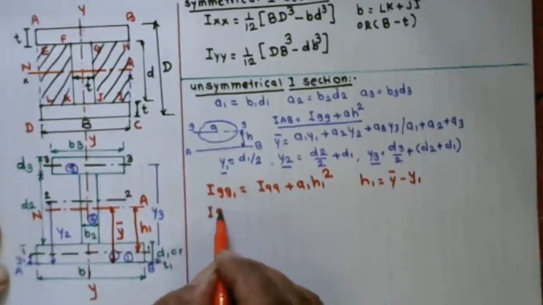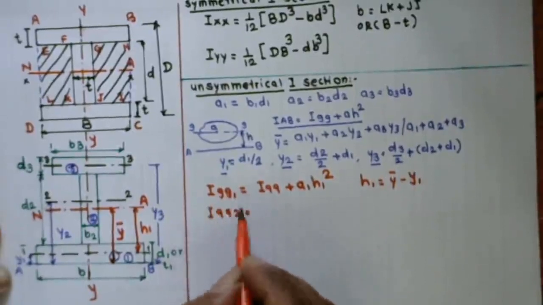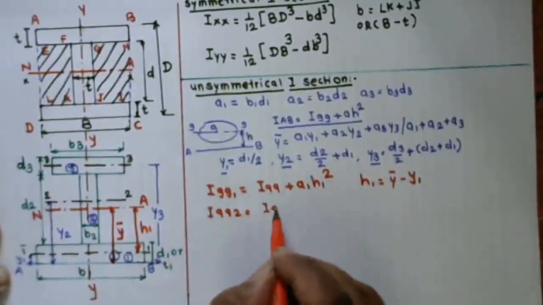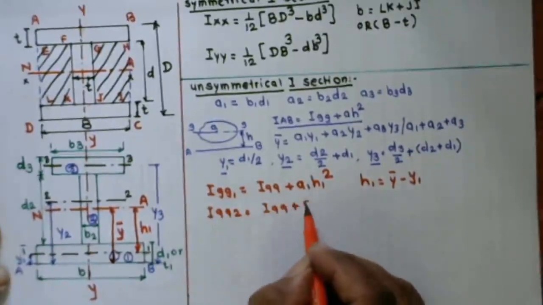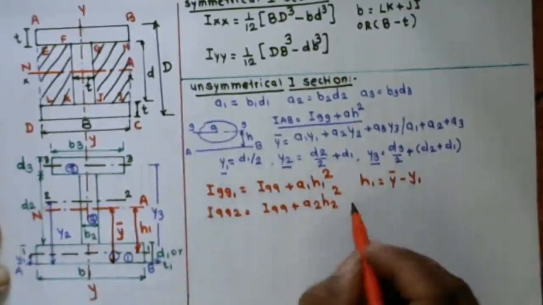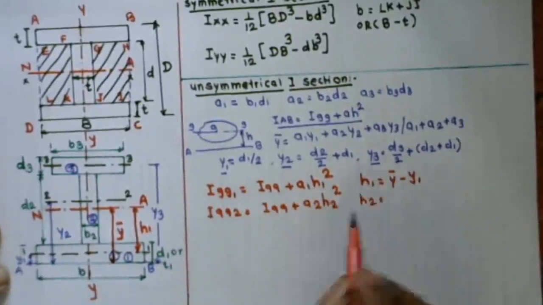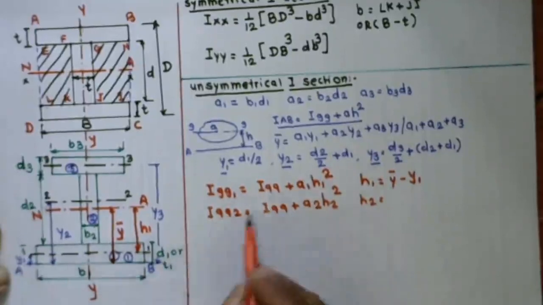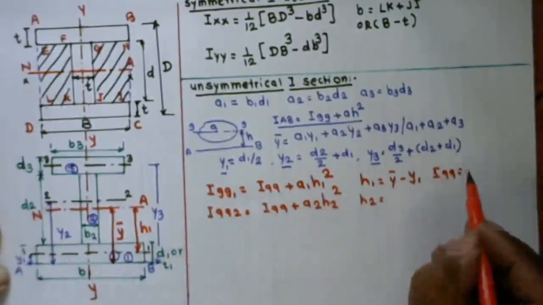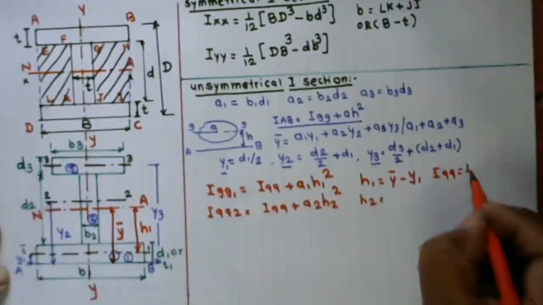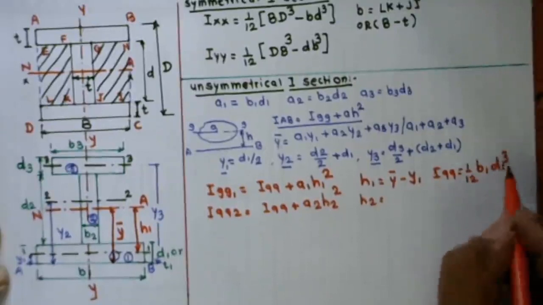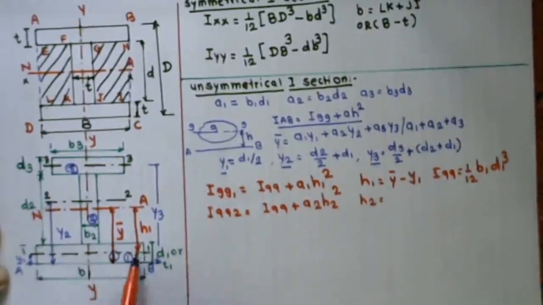Similarly, Ixx2 is Ig2 plus a2 h2 square. Ig1 is 1 by 12 b1 d1 cube for that side.